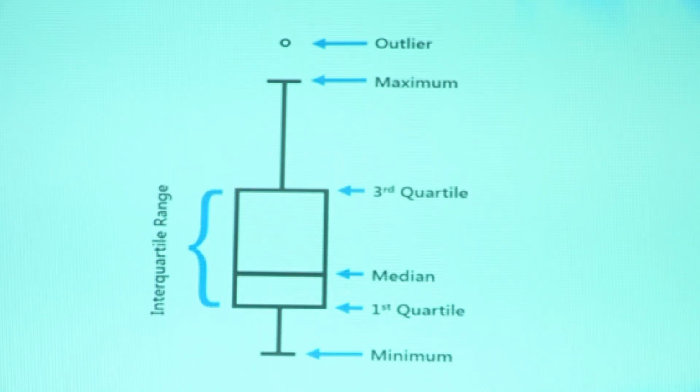So that box is nothing but your interquartile range. There are two whiskers to it. That's why it is sometimes also called as whisker plot. So whiskers will give you about maximum value and minimum value. Beyond that maximum value, anything that is coming is your outlier. So outlier detection, you will use box plot. Right?